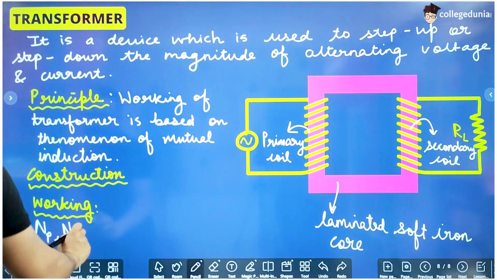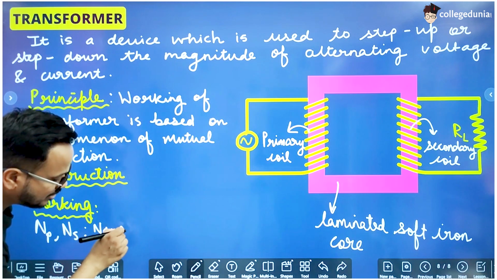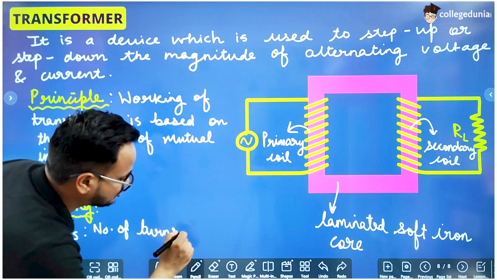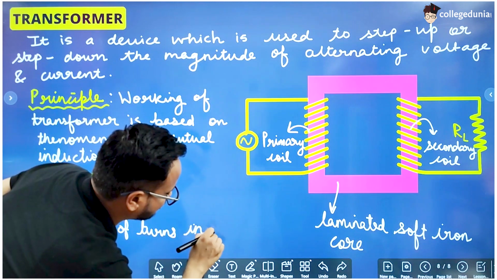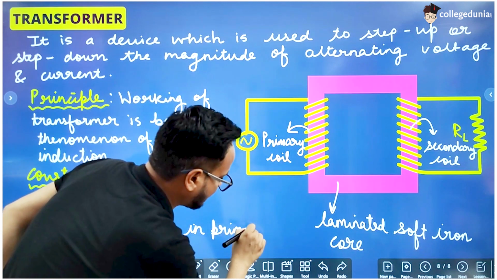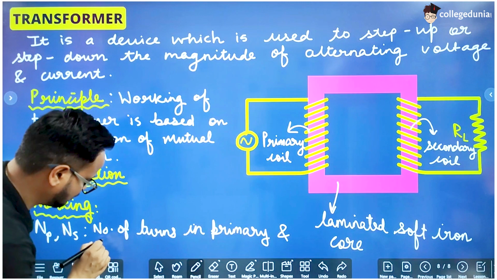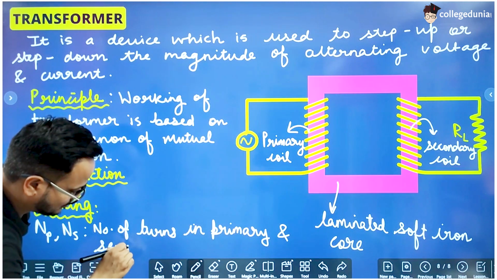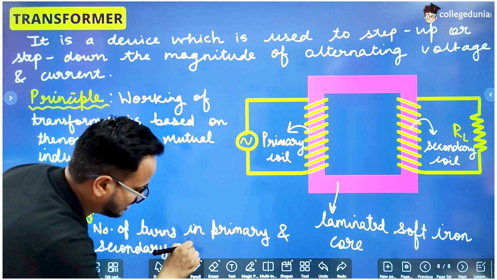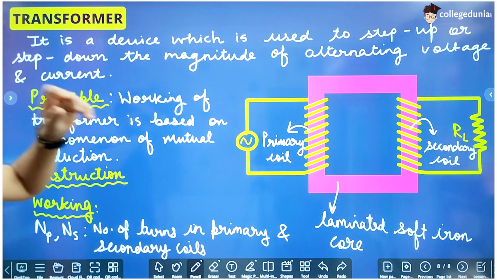So NP and NS are what? Number of turns in primary and secondary coils, right?